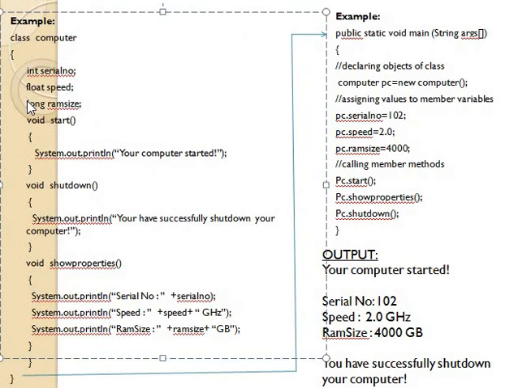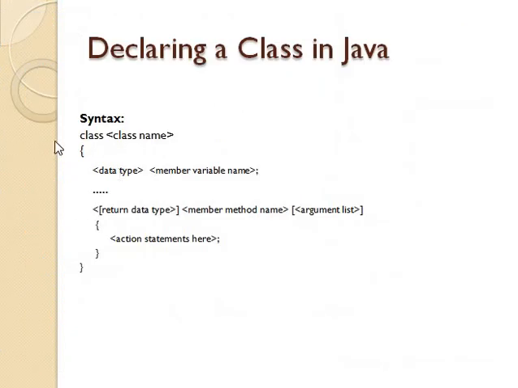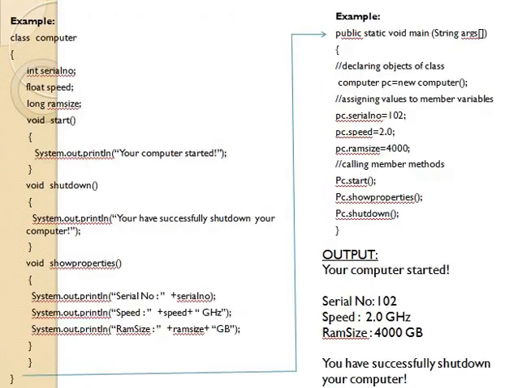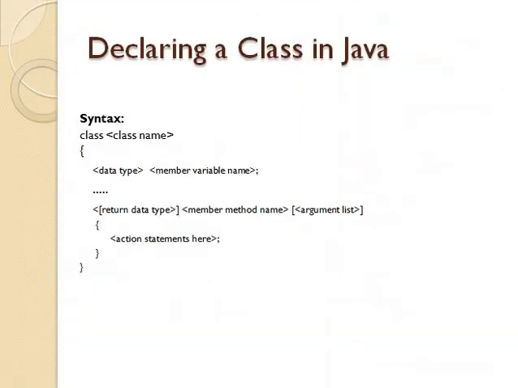Then declare the third data item called RAM size of type long. Same here, long becomes the data type, and RAM size becomes the member variable name or data member.